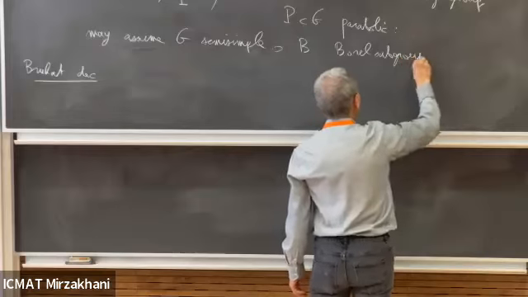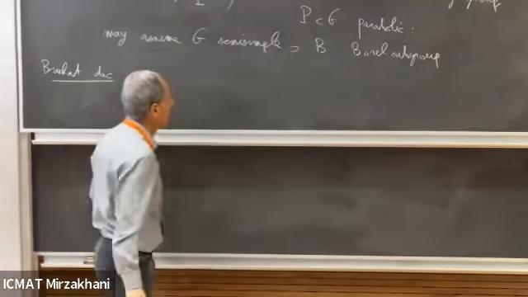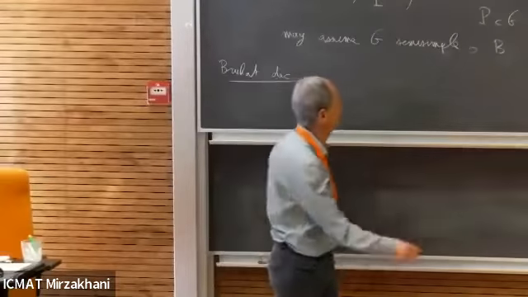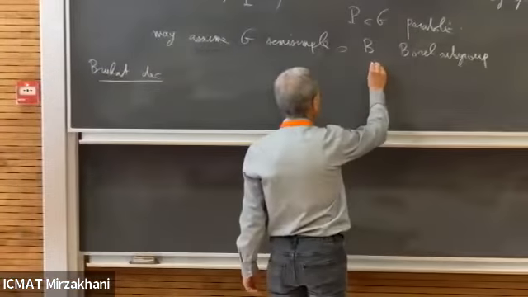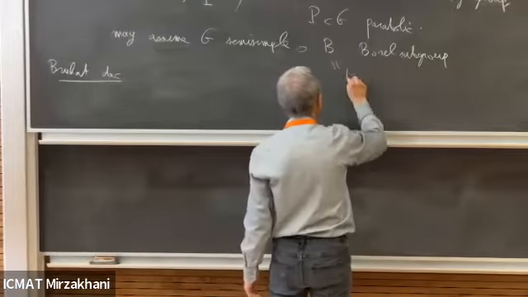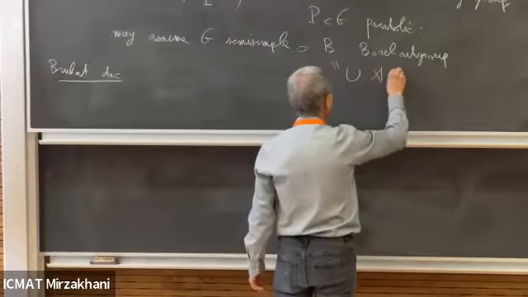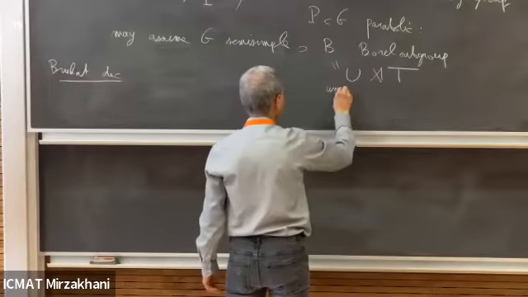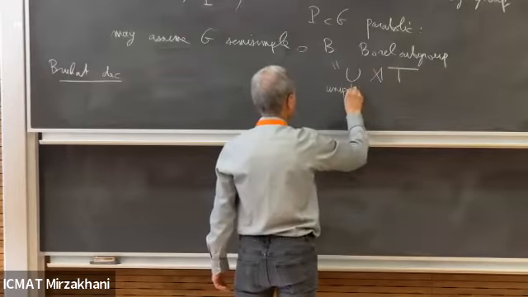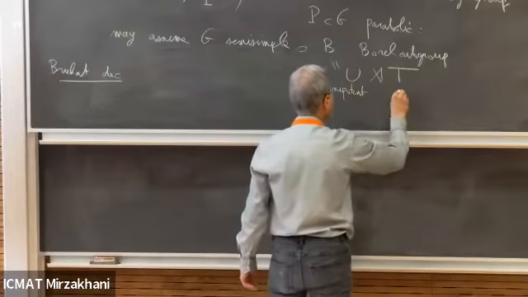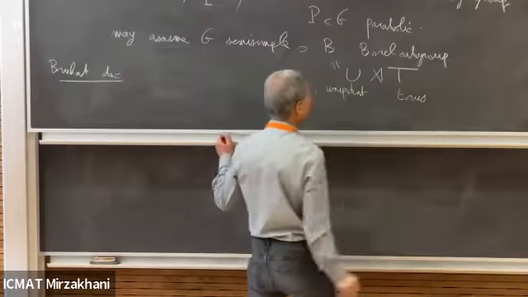As you know, it's a maximal connected solvable group, and it's known that it's a semi-direct product of unipotent part by maximal torus.